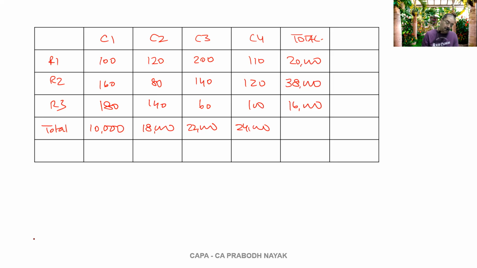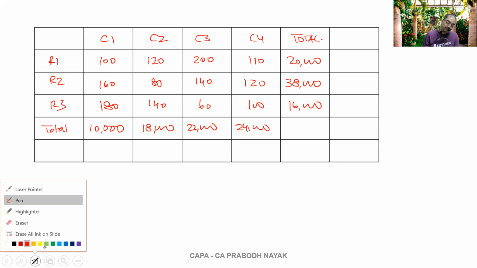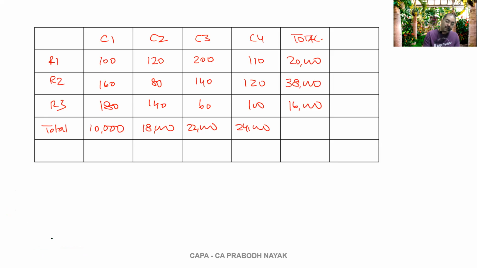Now if it is the northwest corner method, the first allocation will be here. 10,000 or 20,000, whichever is less. So 10,000. This will cancel. This will become 10.